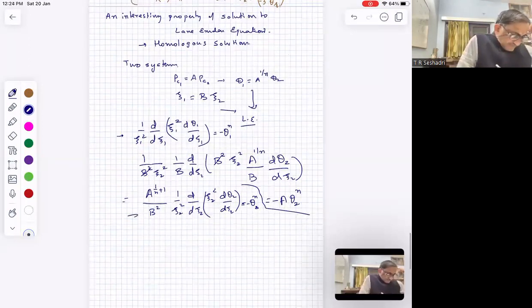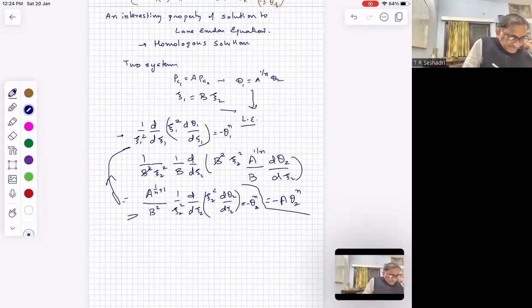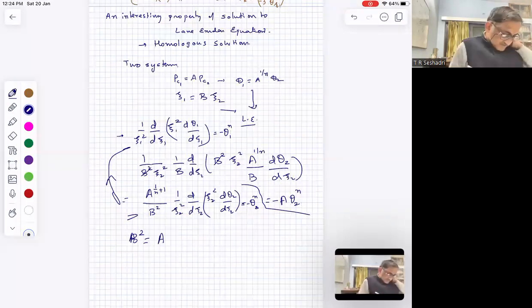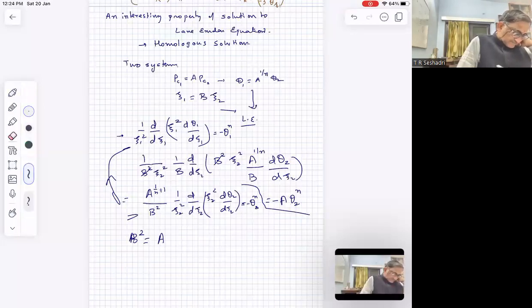Now, this equation and this equation will be identical if b square is equal to a power, small mistake, it should be minus here. It will be 1 by n minus 1.